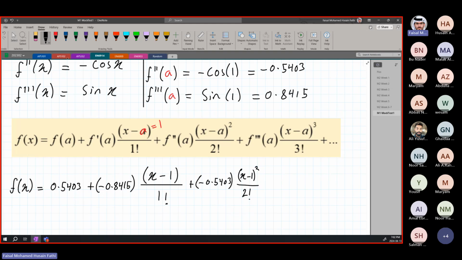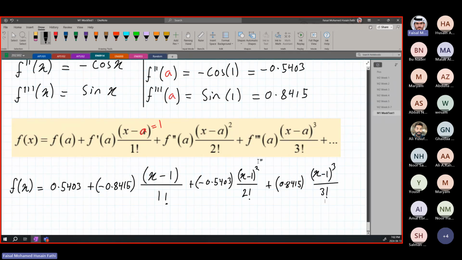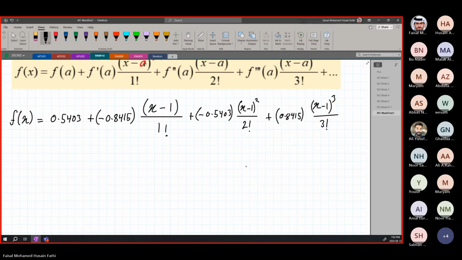And then again, for the last one, plus 0.8415 times x minus 1, again, A is 1, cubed over 3 factorial. And that's it. Now you can just simplify this using your calculator, simplify everything.